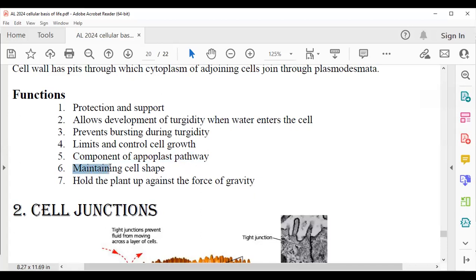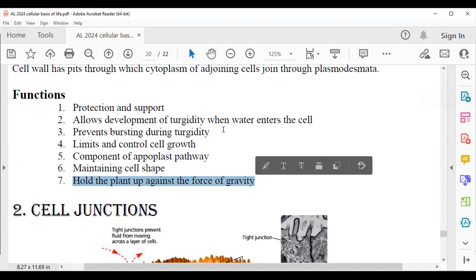As a skeleton, it is maintaining the shape. As a skeleton, it is helping the plant to stay upright against the gravity. We are standing upright against the gravity, correct? Because we have a skeleton. So most of these works are skeletonous works.